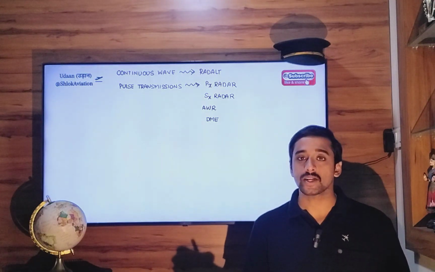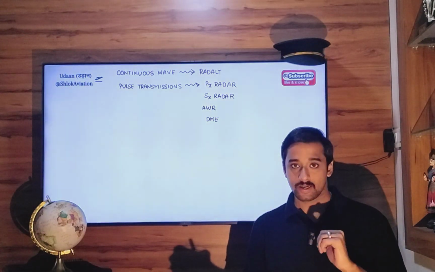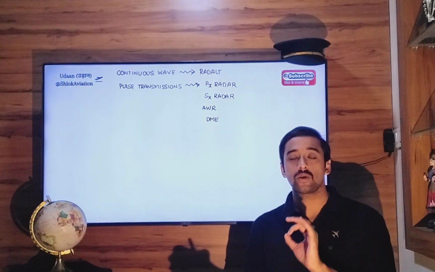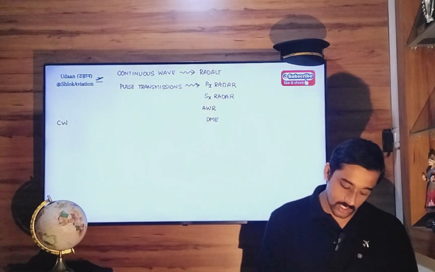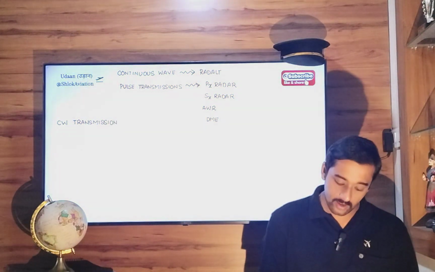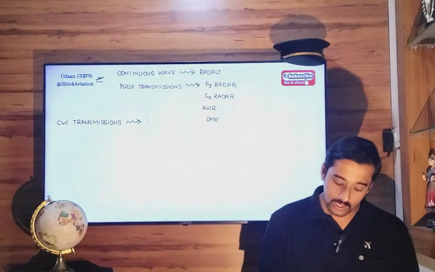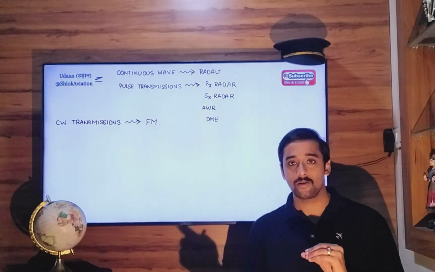A continuous wave transmission means that the radio wave that we are going to send will be continuous. In case of continuous wave transmission, the radio wave will be frequency modulated.